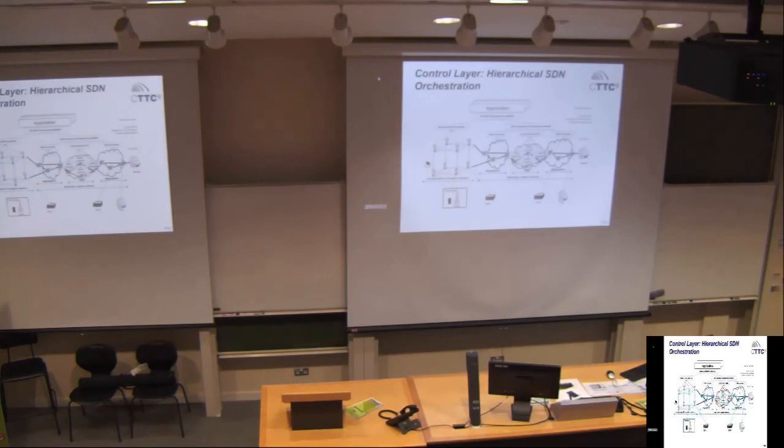One of the demos we are doing in this project, and we are expected to deliver by the end of this year, is to perform hierarchical SDN orchestration. What do I mean by that? Previously, I have only shown that each solution just has one controller. But no, you can have 20 controllers if you want. Each one managing its own domain.